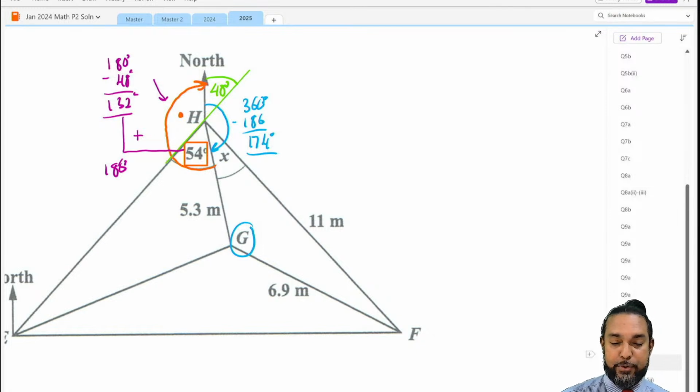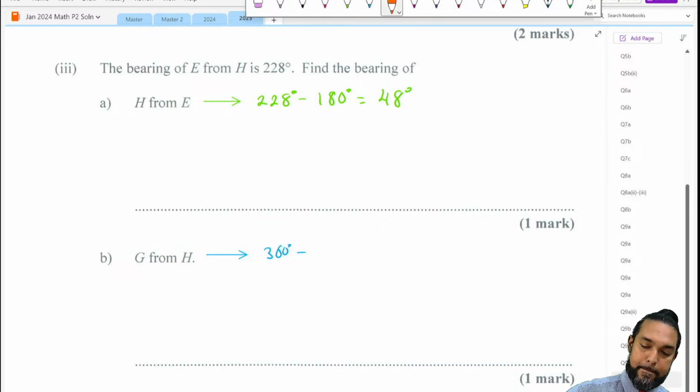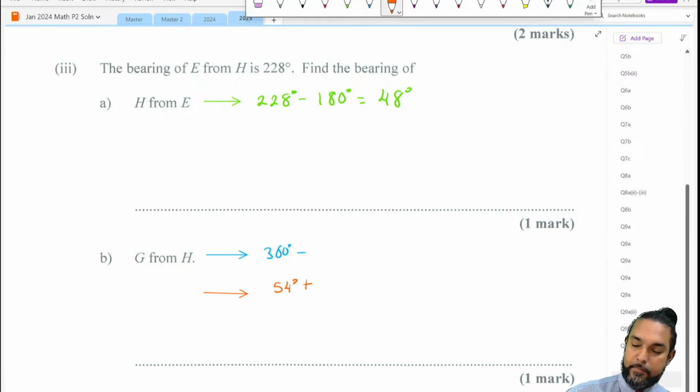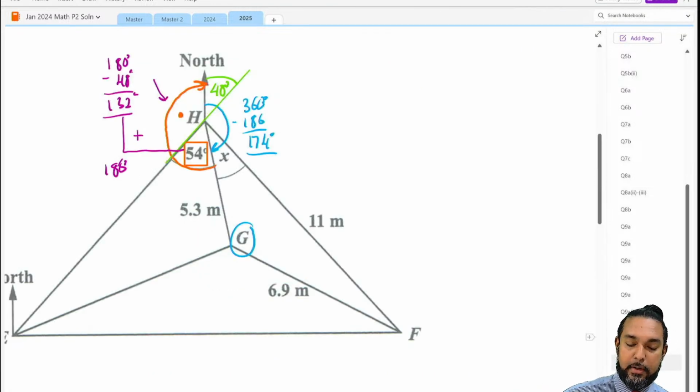And then the orange would be something plus the 54. To find that, this piece here, that's the purple, right? It is 180 minus the 48.